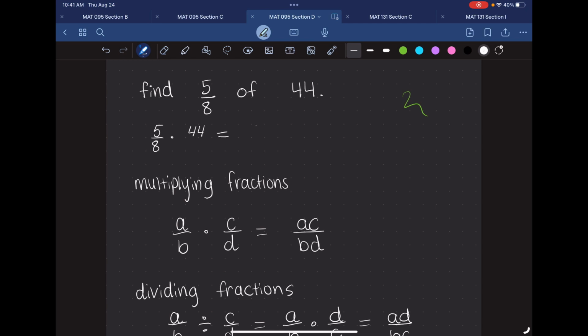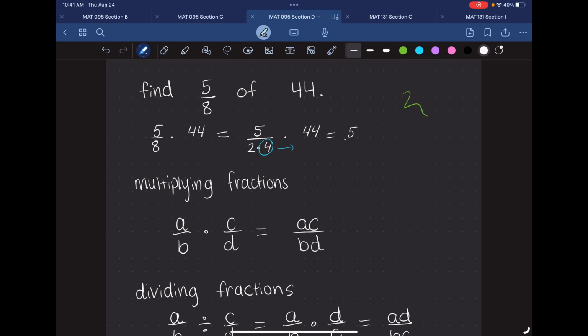I'm going to take 5 and I'm going to break 8 up into 2 times 4. And then I'm going to take this 4 in the denominator and transfer it over to the denominator with the 44. I'm going to write out all the steps, like the logic, so that you can see what I'm doing.